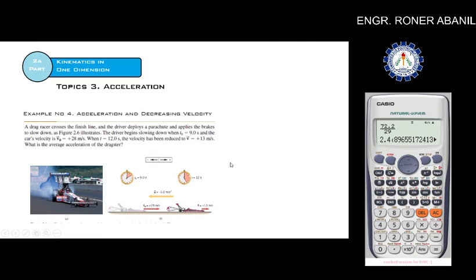So, meron pa tayong example number 4 para sa acceleration and decreasing velocity. Okay? Sabi niya, a drag racer crosses the finish line. Wait lang.